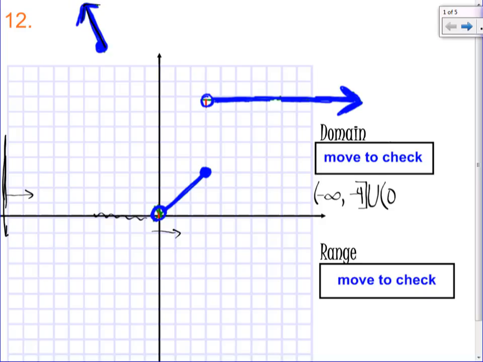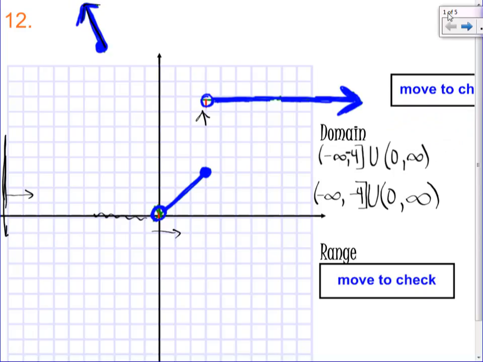But is there a gap in the graph as we scan? No, because the graph picks up again up here, and it keeps going forever until infinity. Okay, so let's double check that we got that. Questions?